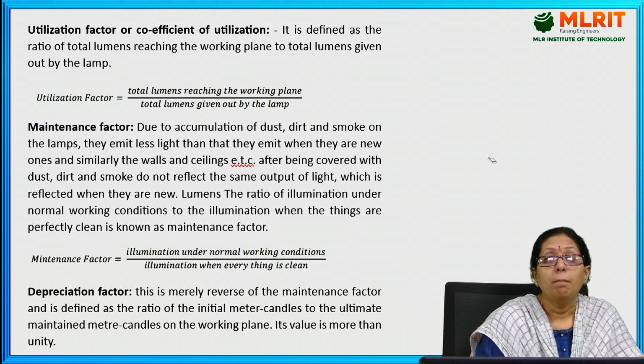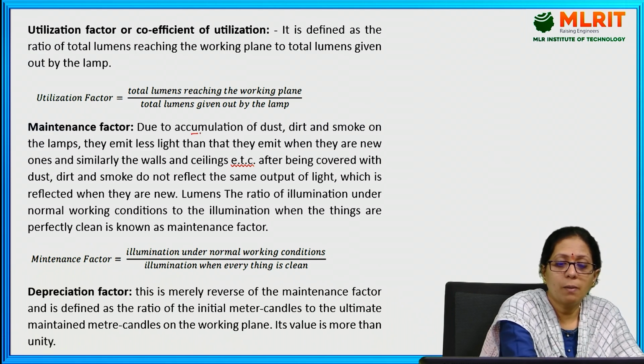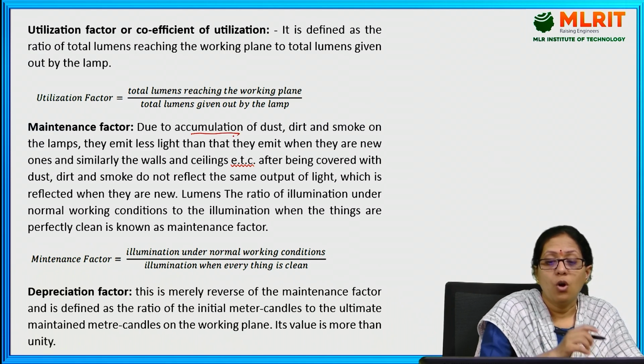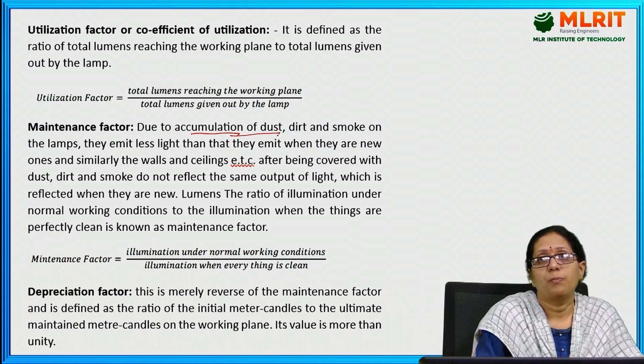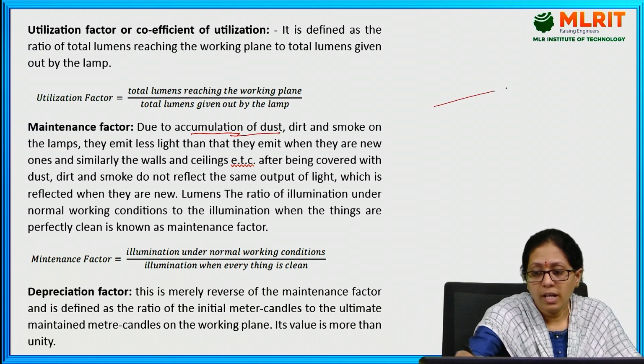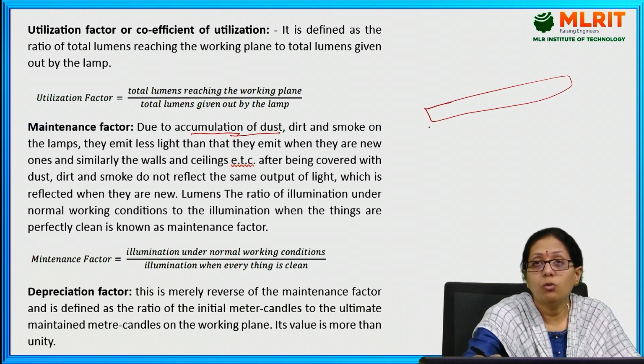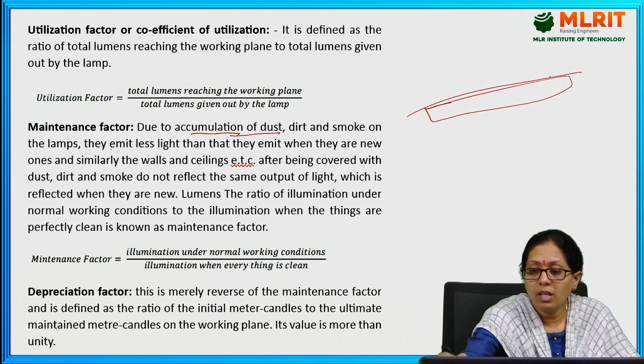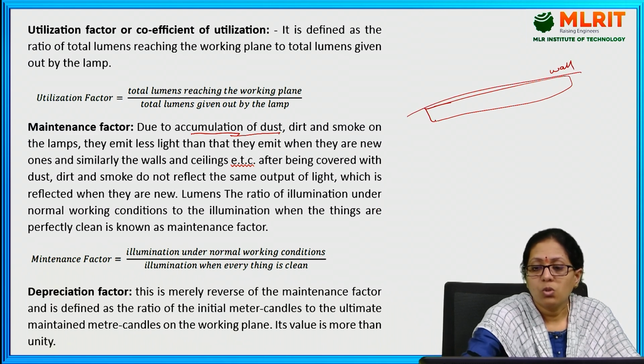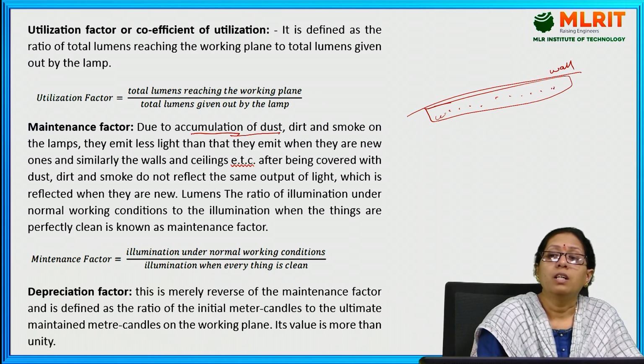Next one, maintenance factor. Maintenance means due to some kind of accumulation of dust. If you take an example of a tube light which is placed on a wall, some kind of dust will be there on the tube light.